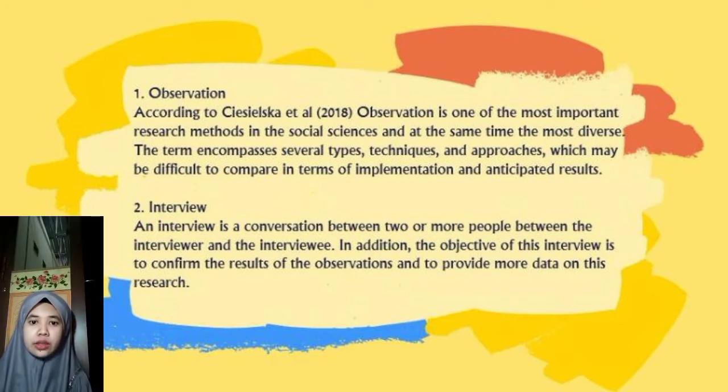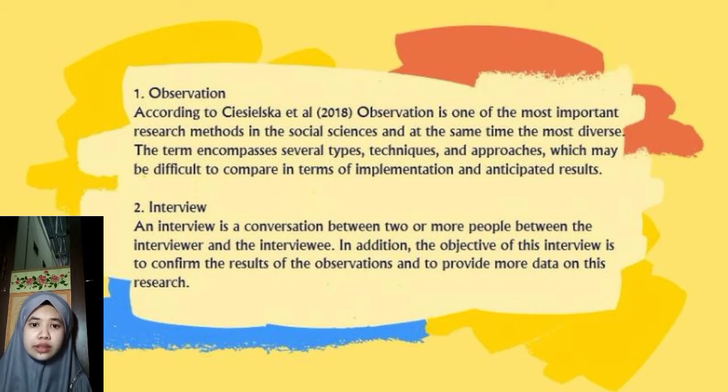The first is observation. According to Chiselska et al., 2018, observation is one of the most important research methods in the social sciences and at the same time the most diverse.